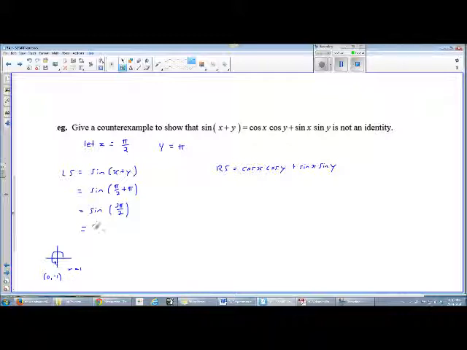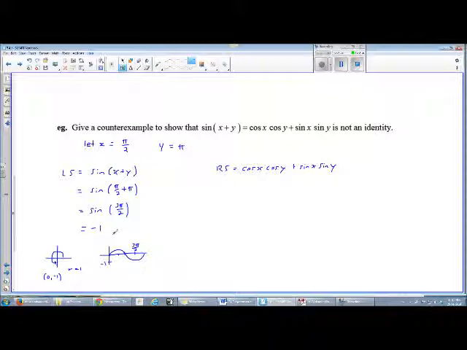Or we could also look at it as a sine curve. There's pi by 2, here's pi, here's 3 pi by 2. And that, again, equals negative 1. So either way you look at it, sine of 3 pi by 2 equals negative 1.